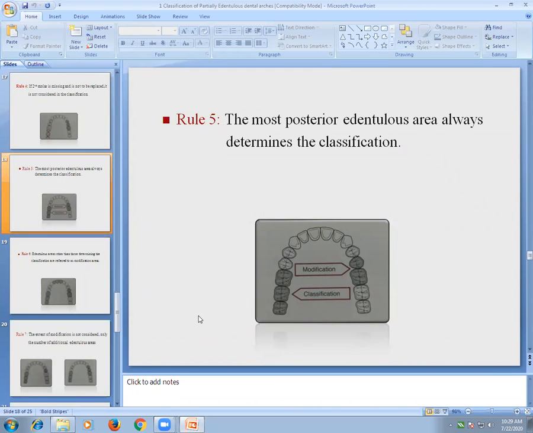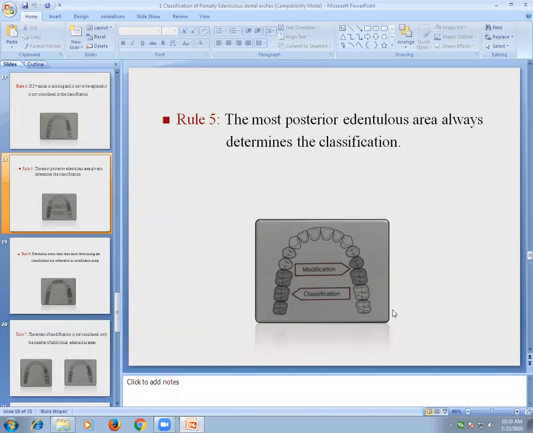Most posterior edentulous area always determines the classification. Here in this diagram, suppose this is an edentulous area, then it is the most posterior edentulous area. That's why it determines the classification. Not this one. This is also an edentulous space, but it will come as a modification. This determines the main classification, that is Kennedy's class 2, and this comes as a modification, that is one edentulous area.